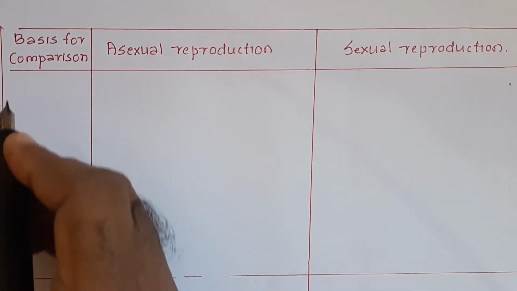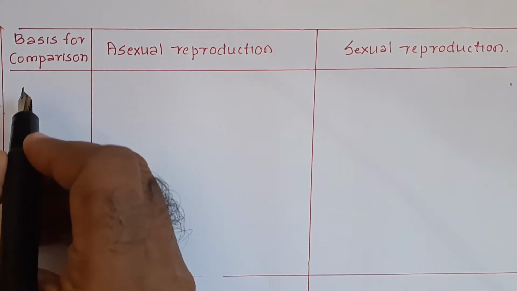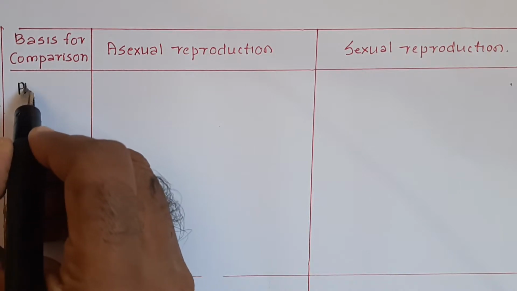Dear student, let us start the magnificent way of differentiating the characters with respect to asexual and sexual reproduction. Then, next point is process.